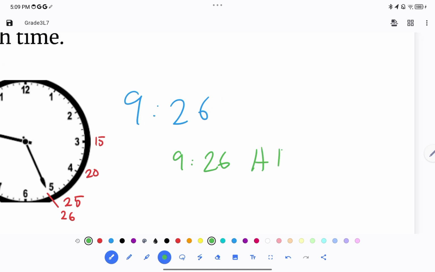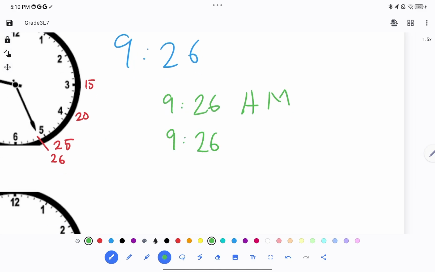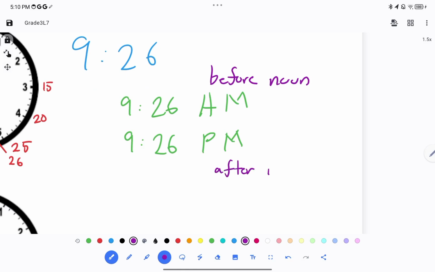Since this isn't a 24-hour clock, we can write this as 9:26 a.m., which is Latin for ante meridiem, meaning before noon, or p.m., which is post meridiem. Basically AM means before noon, and PM means after noon.